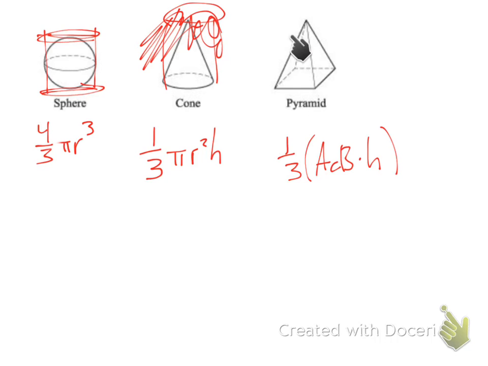This could be made from a single block of wood. What they do is they shave off 2/3 of the material, leaving you with 1/3 of it. So cones and pyramids are 1/3 of the original area of the base times height. And again, pi r squared, area times height, AOB times height. Okay?